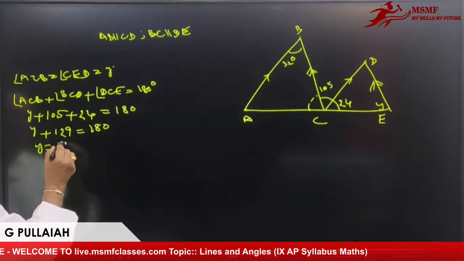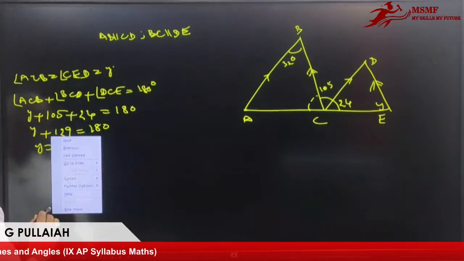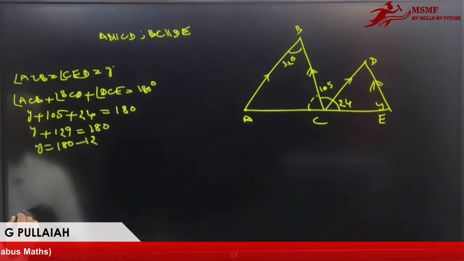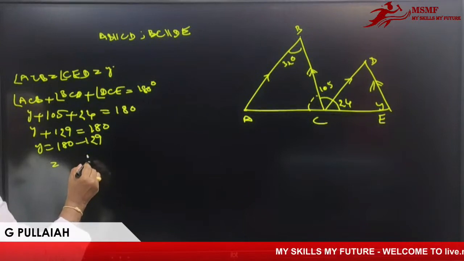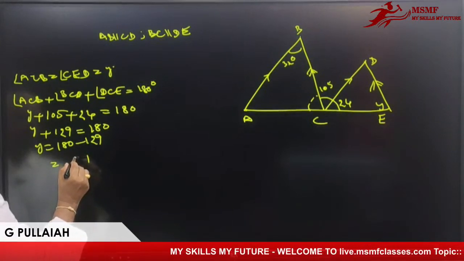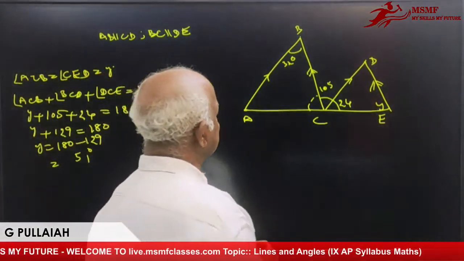Therefore y is equal to 180 minus 129, y is equal to 51 degrees.